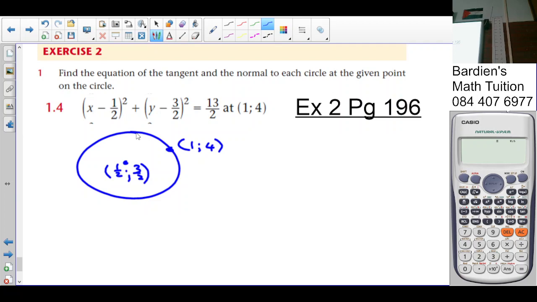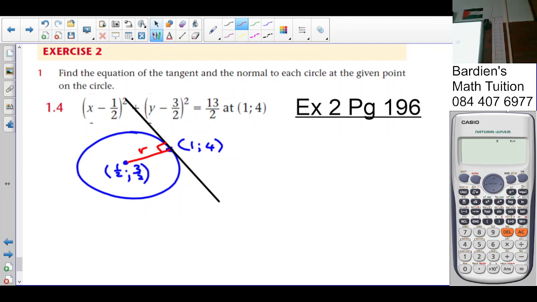The tangent that they want you to work out is a line going through that point of contact. This is your radius and this is your tangent. The radius stands at 90 degrees to your tangent. So we can't work out the equation of the tangent straight away.